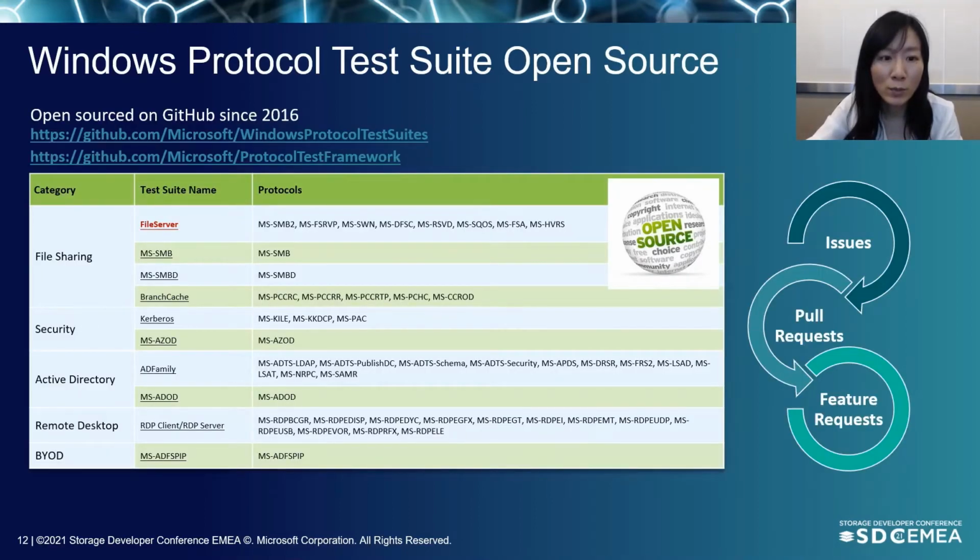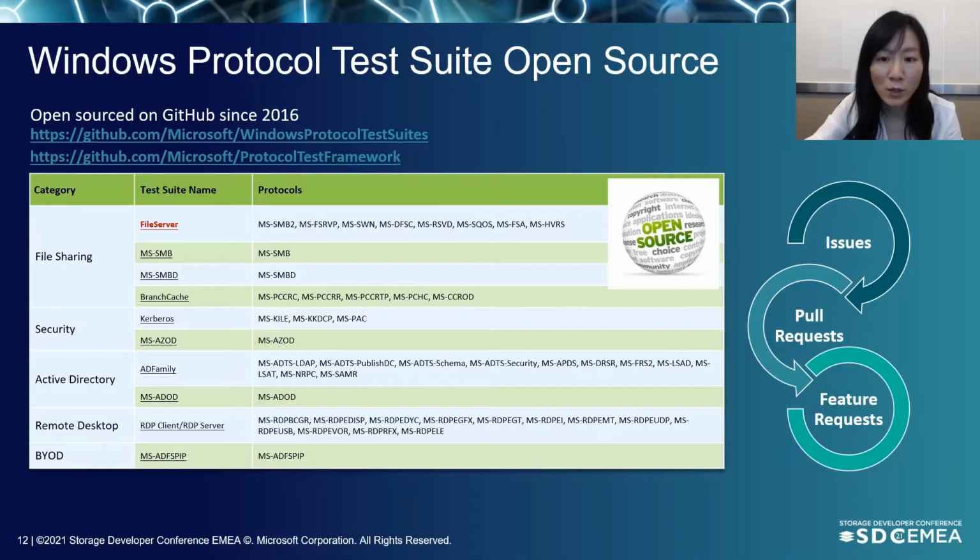We have open-sourced our Windows Protocol test suites on GitHub since 2016. Here are the two repos we have. Besides the file sharing protocol test suite families, we also provide other test suites on GitHub, like the security protocols, the Active Directory protocols, the remote desktop protocols, and the BYOD protocols.